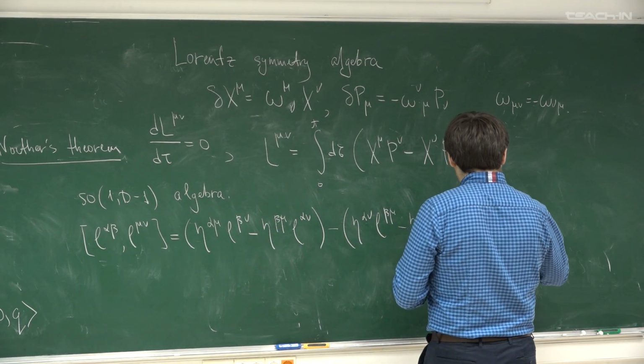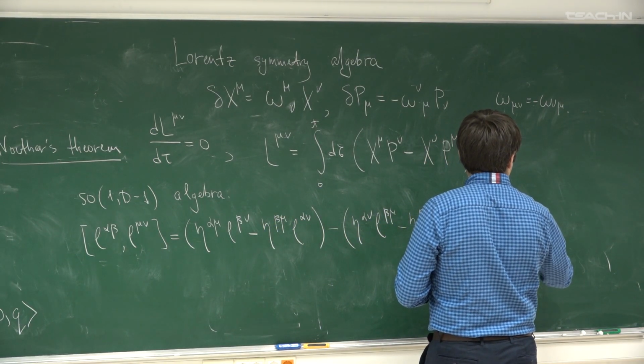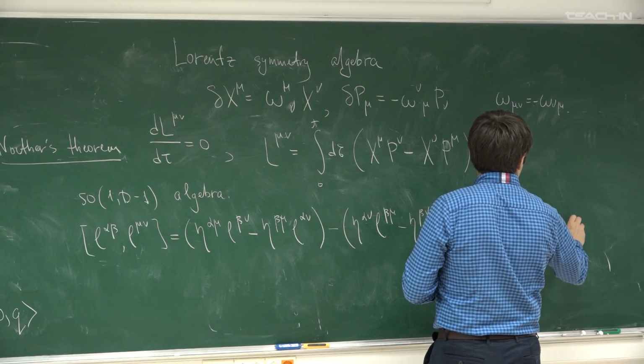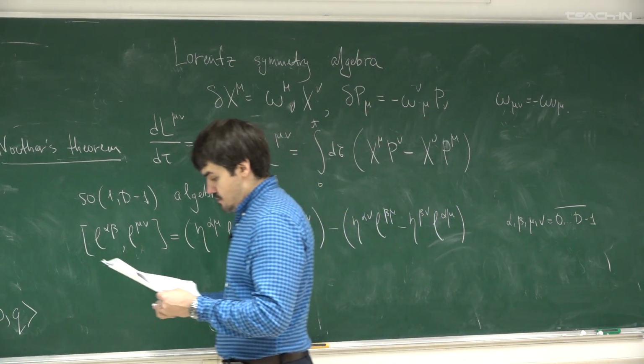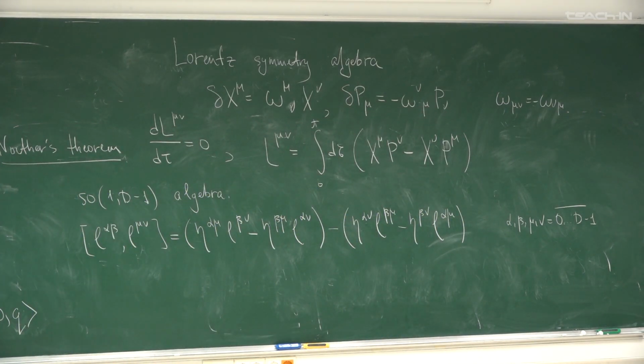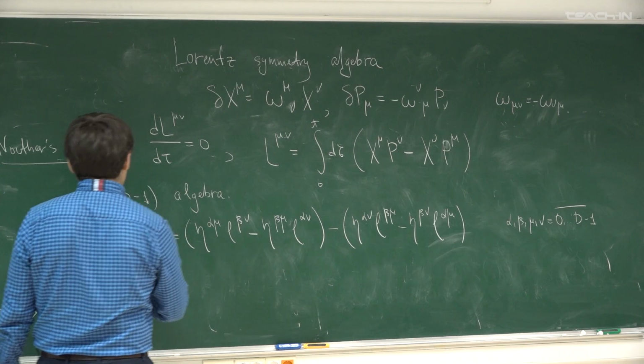This is the Lorentz algebra. The L's are just the abstract generators of this algebra.